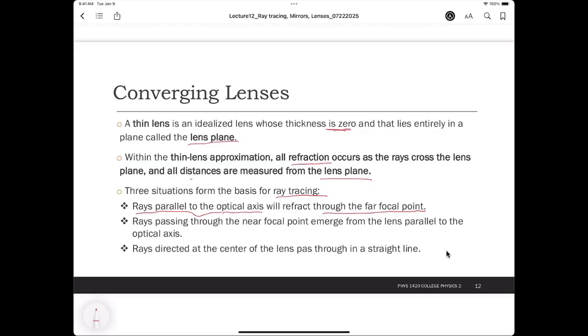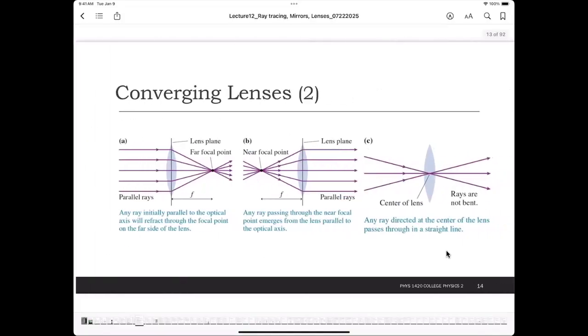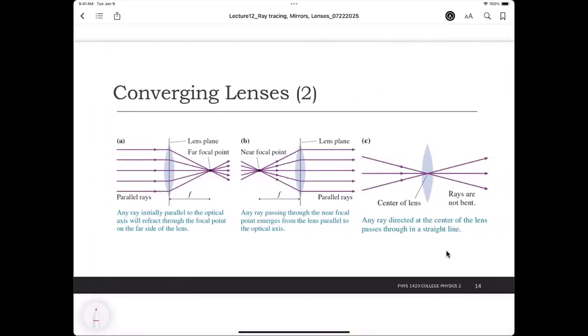And the next one is that rays directed at the center of the lens pass through in a straight line. Let's talk about those three different situations.